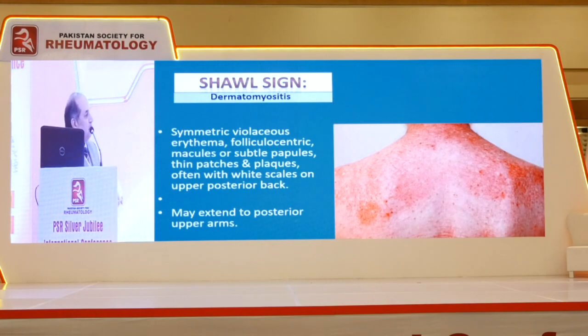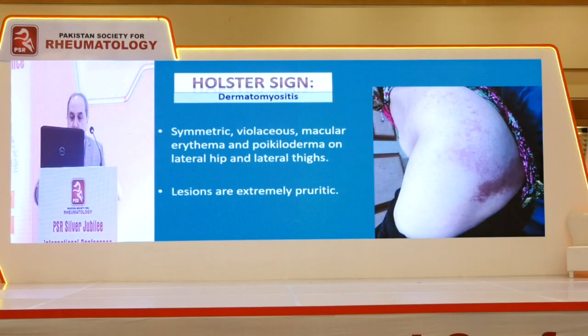Shawl sign is another important sign in dermatomyositis, which is violaceous erythema over the upper back and the nape of the neck. Holster sign is symmetrical violaceous erythema on the lateral hips and thighs, and the knees are extremely itchy.